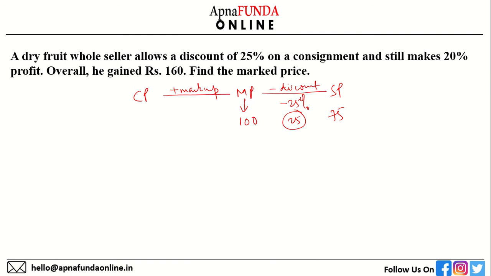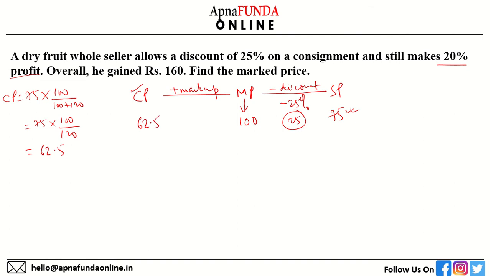Now in selling price of 75, there is a profit of 20%. Now, this will help me to find the cost price. So can I say that cost price in this case is equal to 75 into 100 divided by 100 plus 20, which is 75 into 100 by 120. This is equal to 62.5. So my cost price is 62.5.